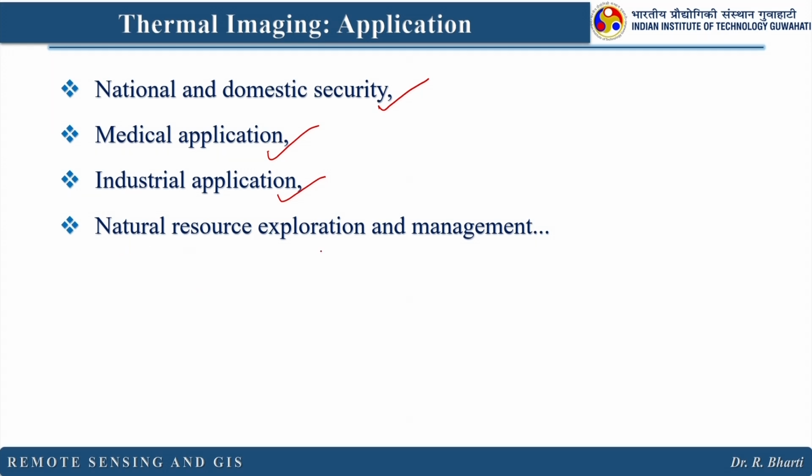And then natural resource exploration and management. Can we use this technology to identify some economic minerals or rocks which can be used to increase our national economy, right? So, yes, we can use this technology. Let us understand this slowly.